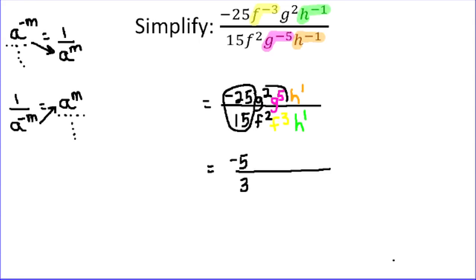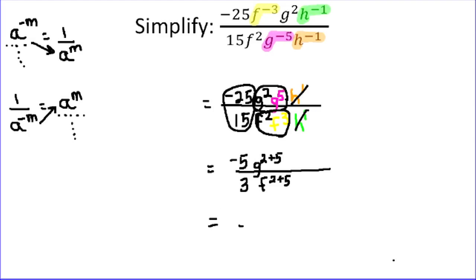I also have a couple of g factors here, both in the numerator, so I'm going to add those powers together: g to the power of 2 plus 5. And likewise, I have some f's in the denominator, f to the power of 2 plus 3. And I have h to the power of 1 over h to the power of 1, so really I can just cancel those out. Those are the same factor.